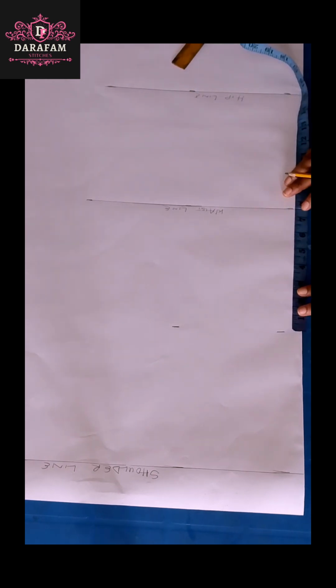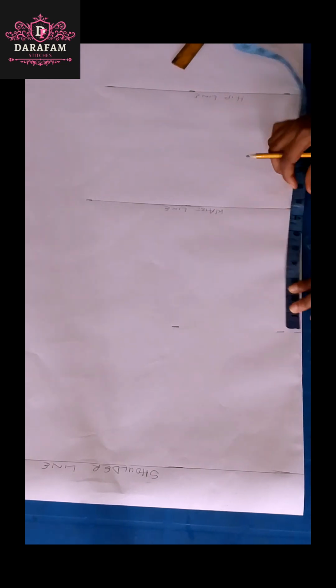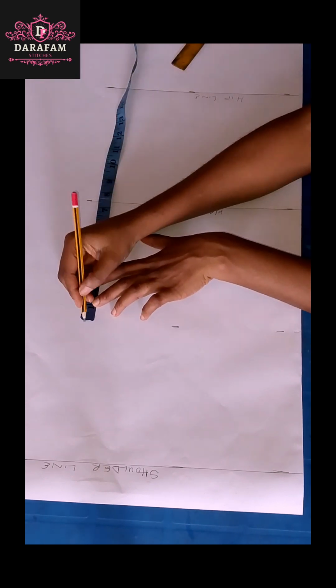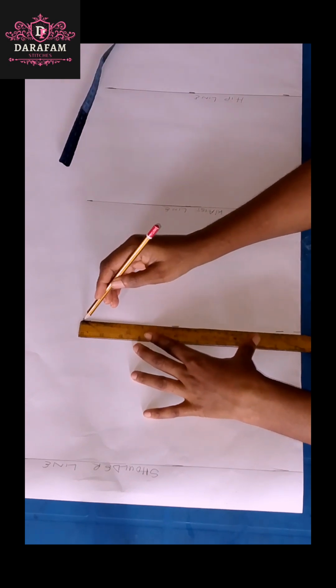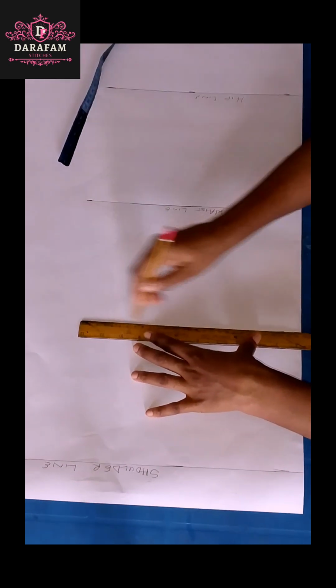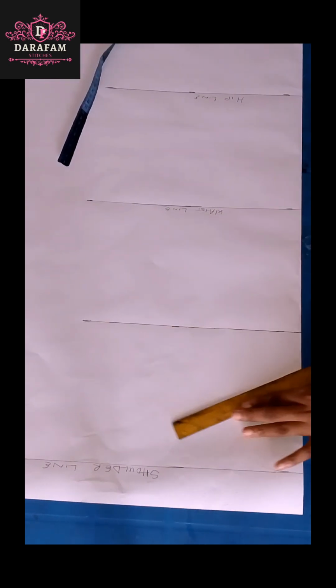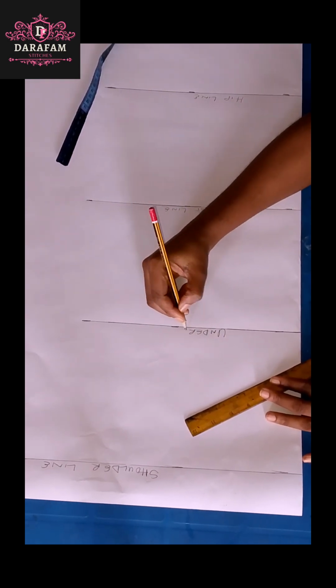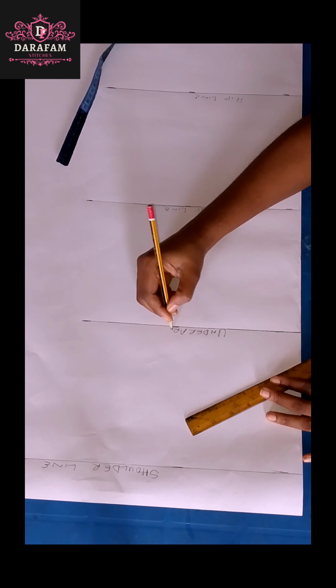So now I'm marking out the underarm line. I use my ruler now to trace out the line. Then label it underarm line.